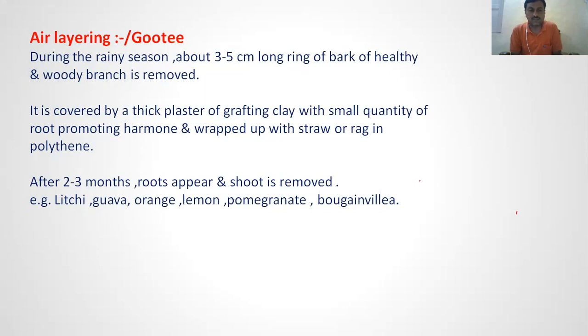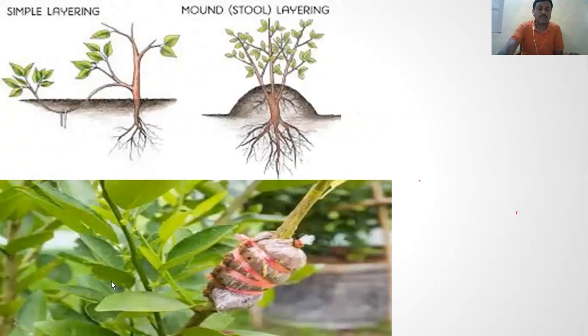Next, after 2 to 3 months, roots appear on the branch, the shoot is removed, and it develops into a new plant. It is also called air layering. Examples mostly used are lychee, guava, orange, lemon, pomegranate, and bougainvillea species, like in these diagrams. This is the branch.